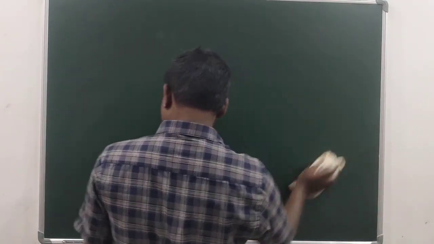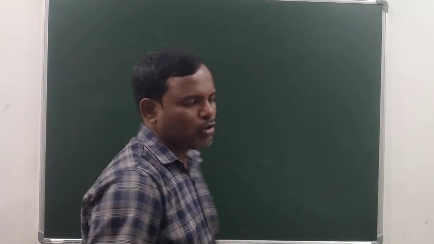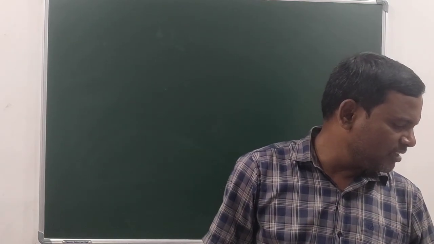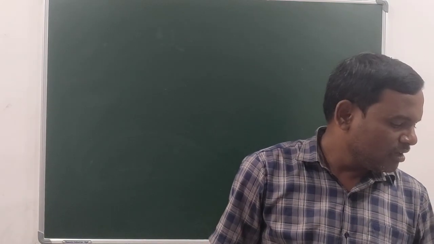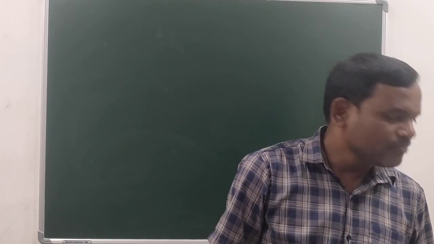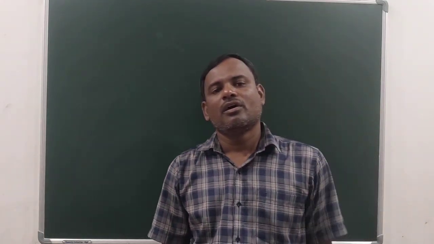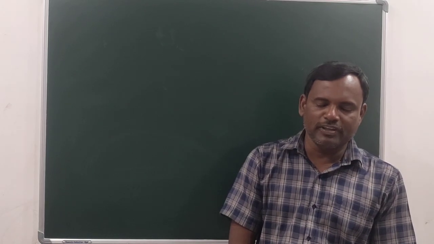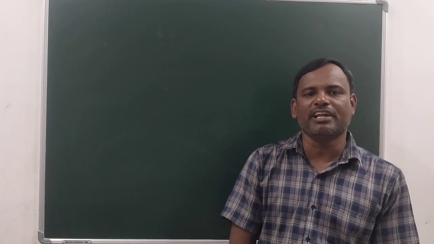And here you have to learn one more point. 3 points will be given to you and they will ask you to find whether those 3 points are collinear or not.